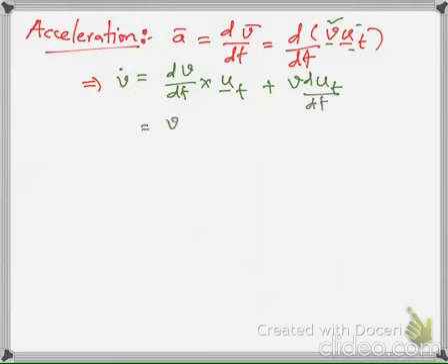So we can write that as v dot ut plus v ut dot. We know this is the unit vector, this is just the derivative of velocity, and we know this is the velocity. We don't know what the derivative of the unit vector in the tangential direction would be, so let's see how we can define that.